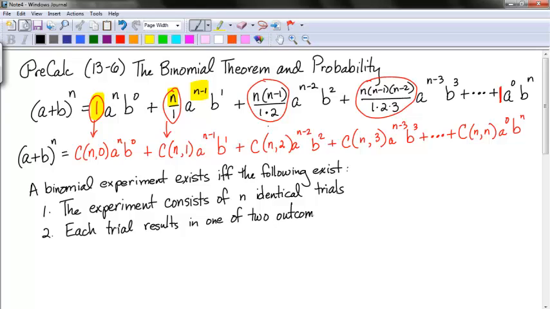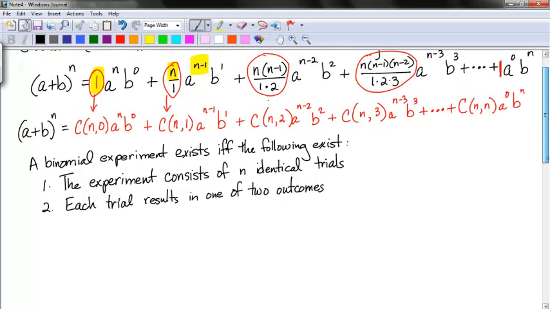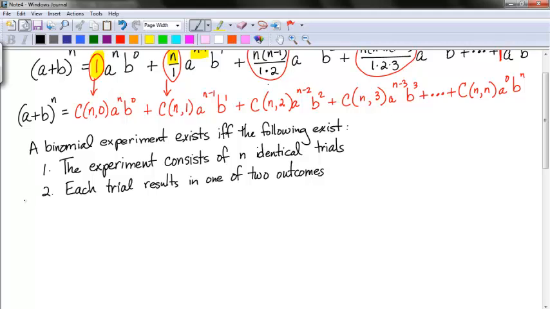Like if I was flipping a coin, the 2 outcomes are heads or tails. It's never going to land on an edge. The third thing, the trials are independent. All of these have to be true for it to be a binomial experiment. The trials are independent, so what I do on one toss has no effect on what I do on the other. The trials are independent of each other.